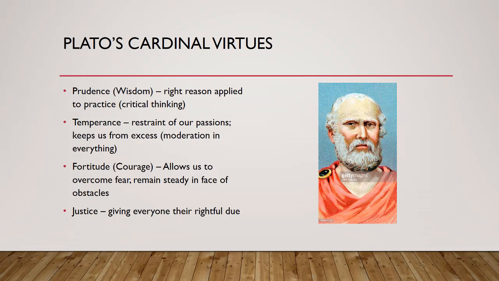He also said temperance was very important to living the good life, which simply means keeping us from doing things to excess, restraining our passions like overeating, gluttony, drinking too much, doing those kinds of things. In other words, moderation in everything we do is okay.